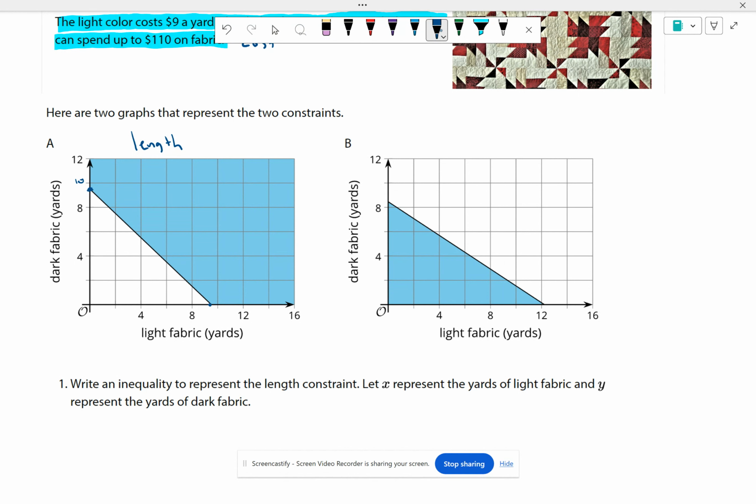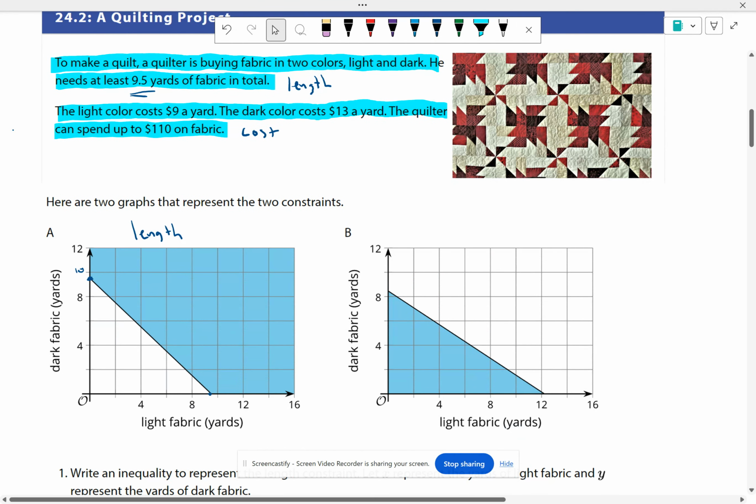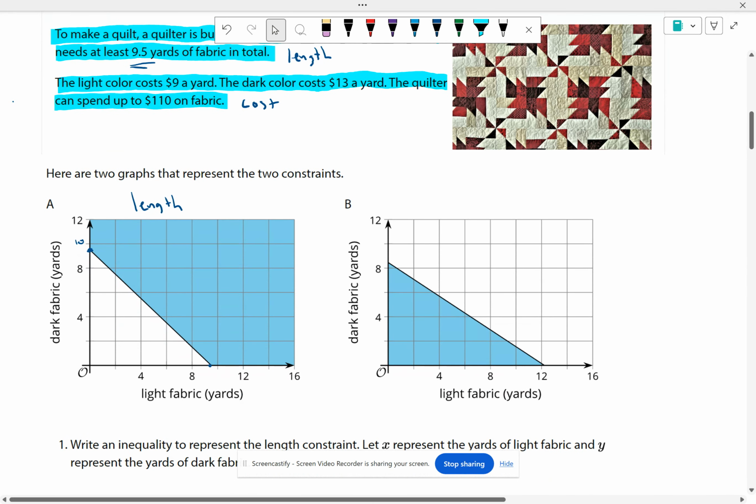If you had 9.5 yards of dark fabric and 0 yards of light fabric, that would be right on the boundary line. We need at least 9.5 yards, so it's going to be shaded above in the length constraint. I can spend up to $110 on fabric, so that is a situation where I would be shading below the line, because that's my cost constraint. I can't go over that value, whereas I need at least 9.5 yards in the length.